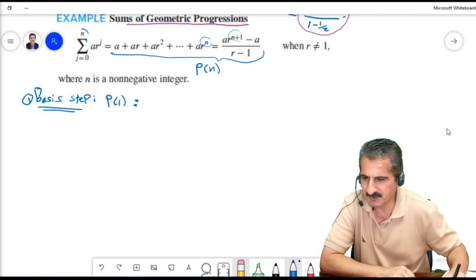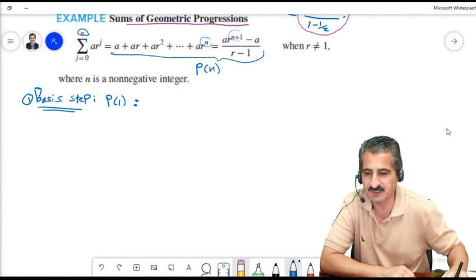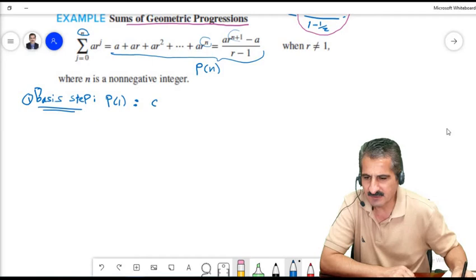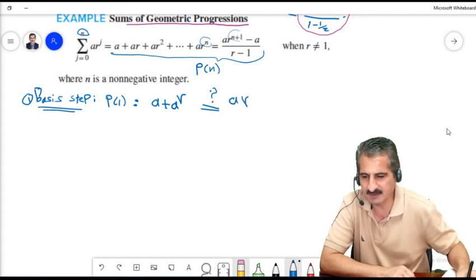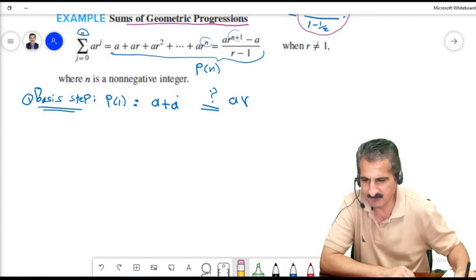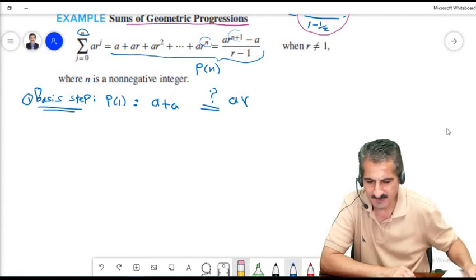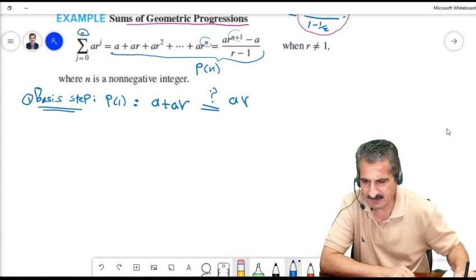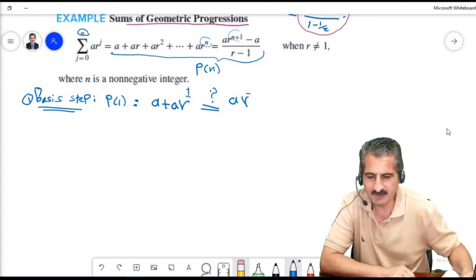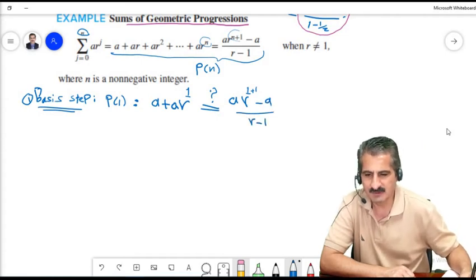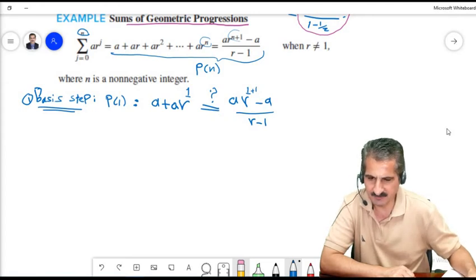Here we have j equals 0 and j equals 1. That means a plus ar, and the question now is, does it equal a times r to the power 2 minus a over r minus 1? Are they equal? Let's see if they are equal or not.